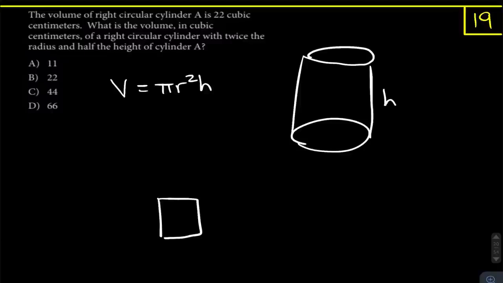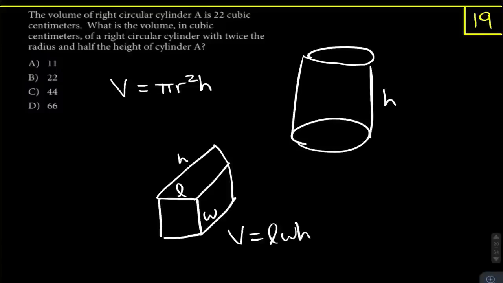For instance, the area of a rectangle is length times width, and then you extend it to form a rectangular prism. Okay, bad drawing. But you extend it by some h, and then your volume is length times width times height. So you just multiply by that height at the end. It's the same thing here. The area of your circle is pi r squared, and then you multiply by the h.